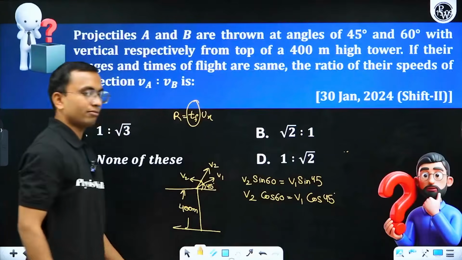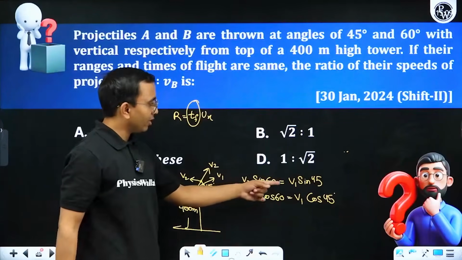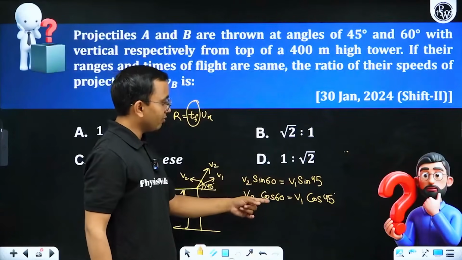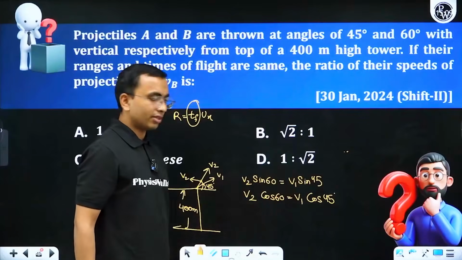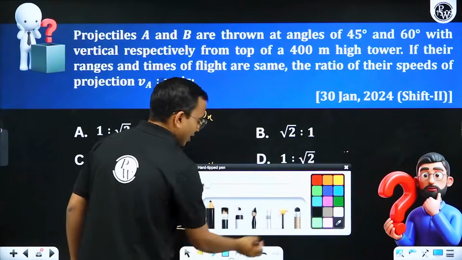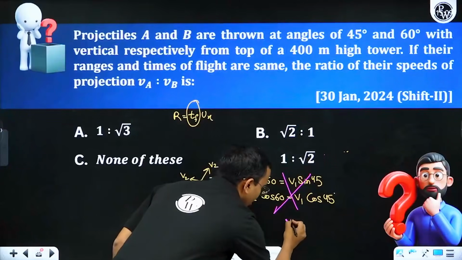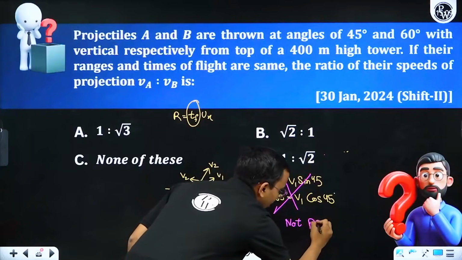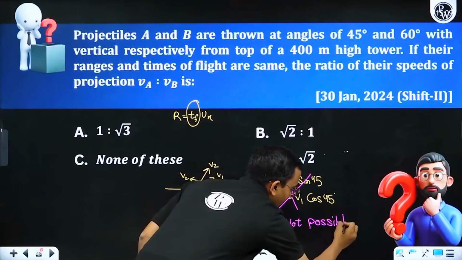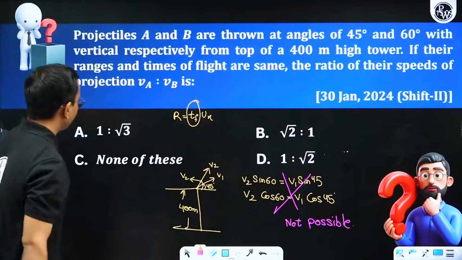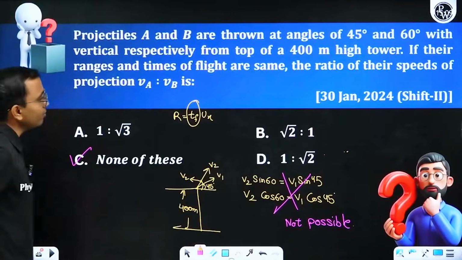Is it possible? Take the v1 v2 ratio from here, take the v1 v2 ratio from here, it's different. So that's not possible. This condition is not possible. None of these.